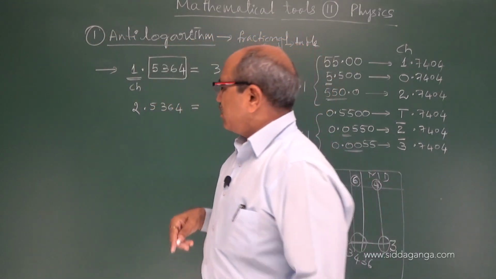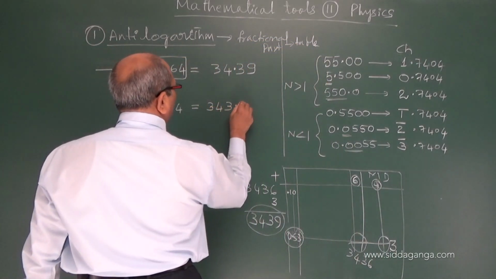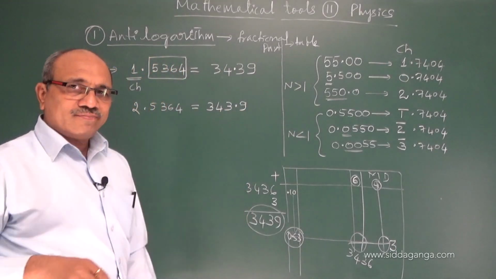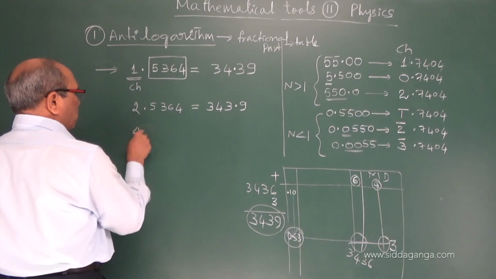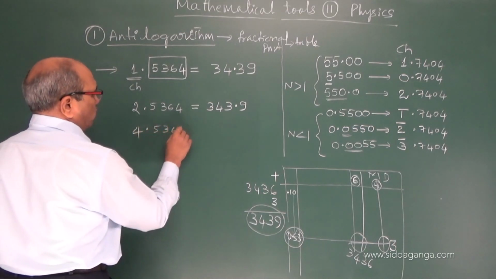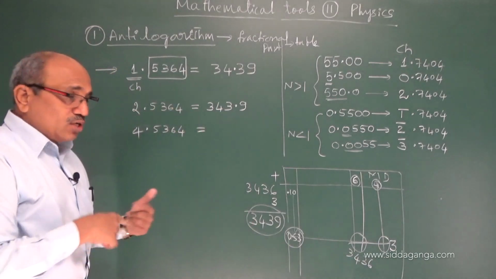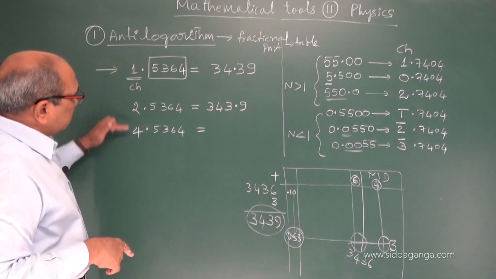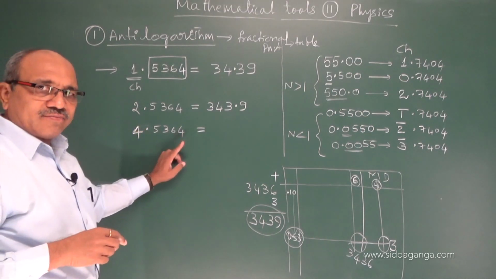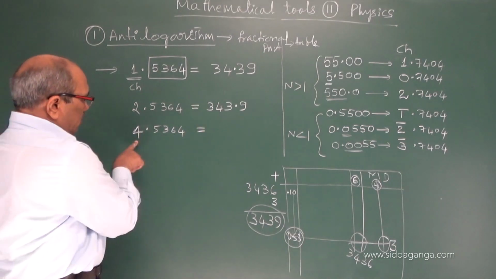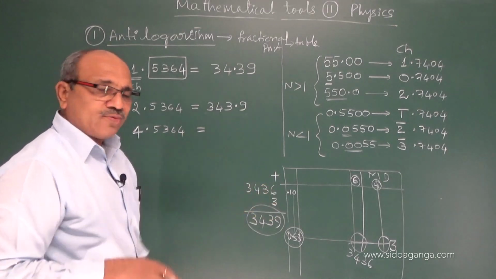Yes, you got the idea: after 3 digits, because of the characteristic. For example 4.5364, the rule is the same, but the value changes according to the characteristic. If you take the number 4, the characteristic is 4, and there are only 4 digits. What do I have to do, sir? You put the 0. No problem.